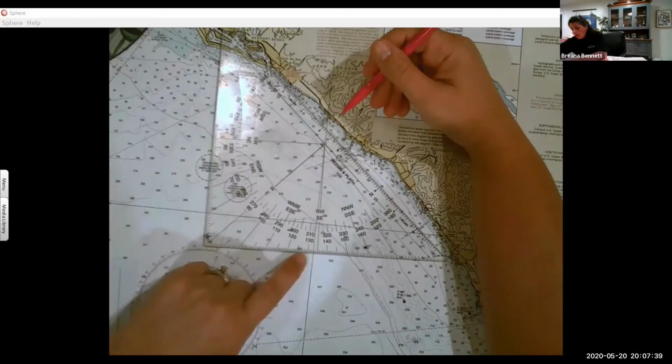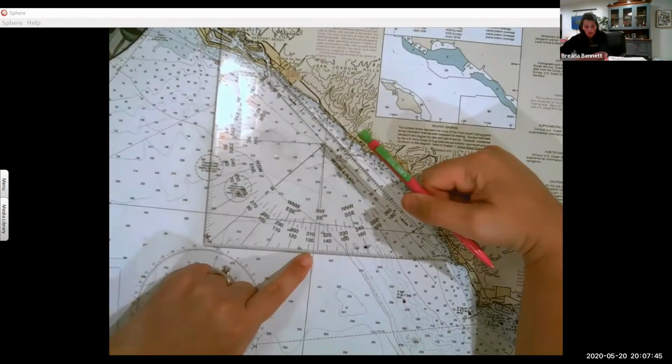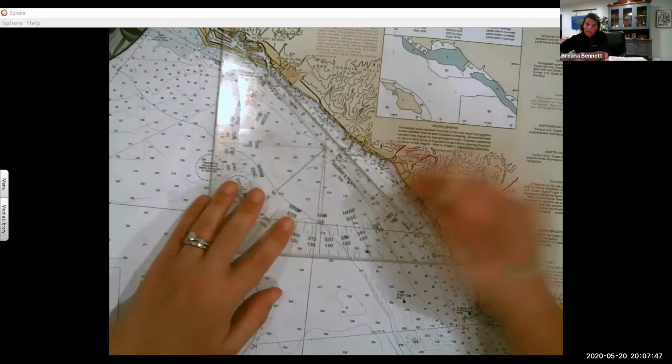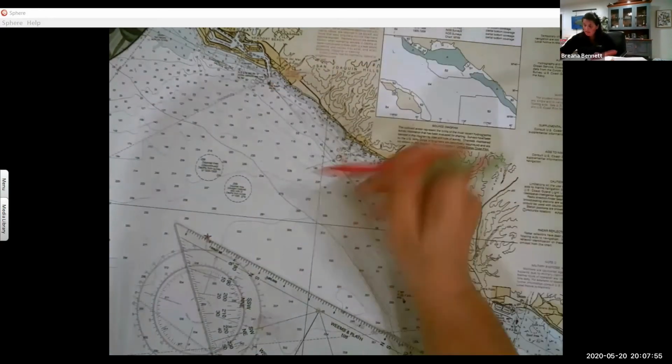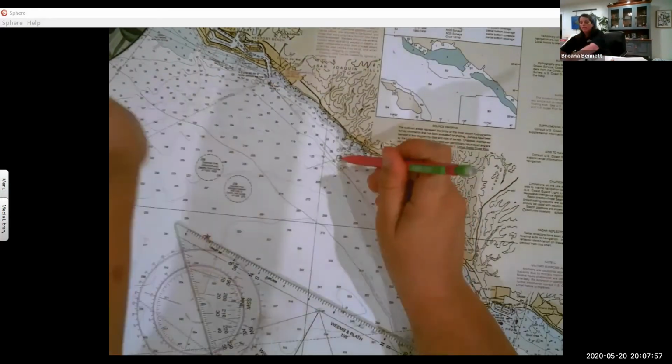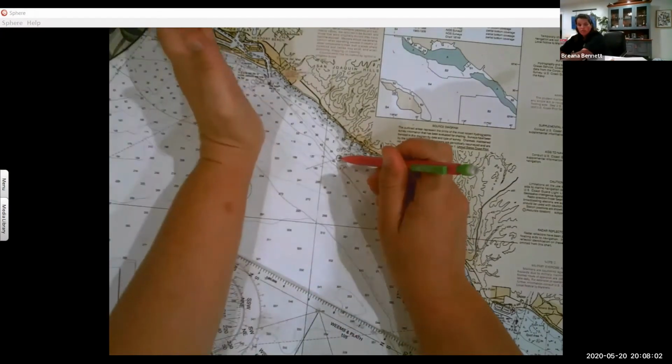And I get 133. So if I'm going this direction, it's 133. In the problem, it told me I had a bearing of 313, because I'm down here and it's at 313, north of me.